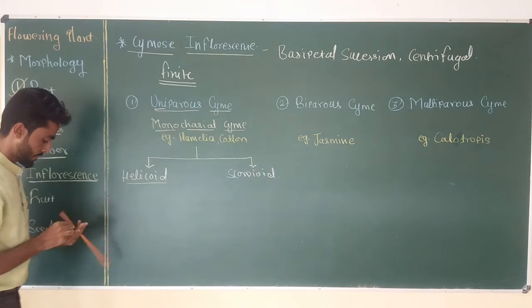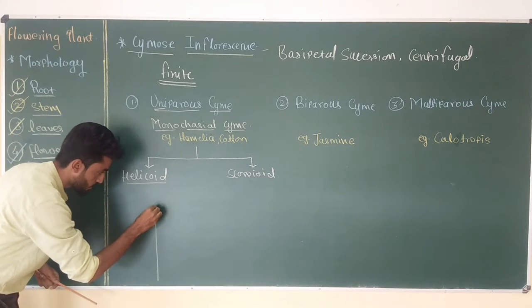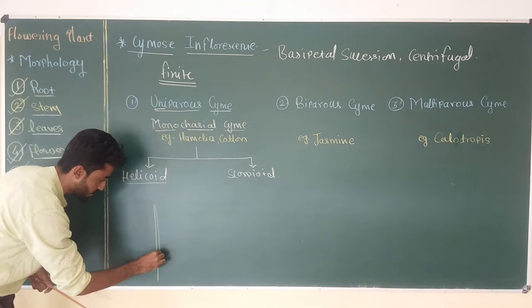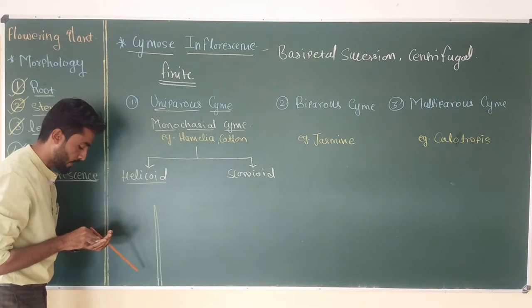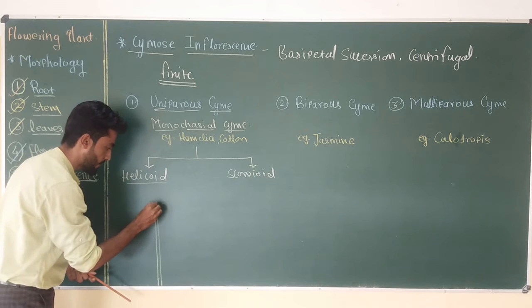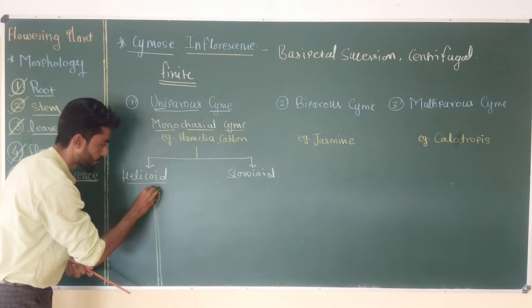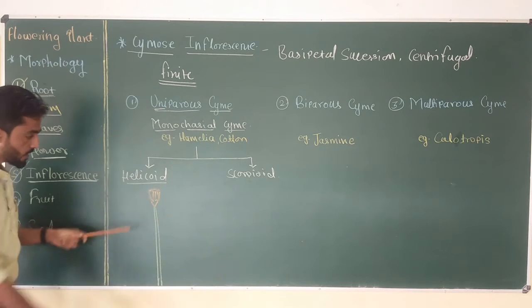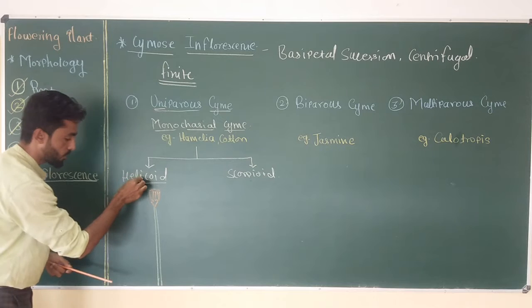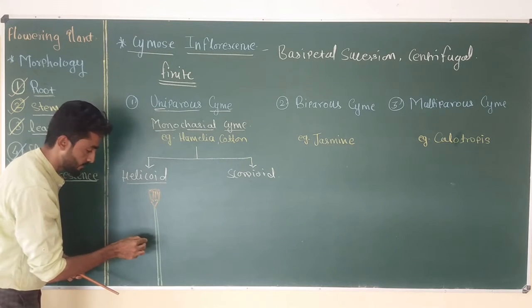In helicoid, the central axis or the main reproductive branch called the peduncle terminates into a flower. That means at the top of the peduncle, a flower is produced. Now in case of helicoid, a single branch is developed on each peduncle.